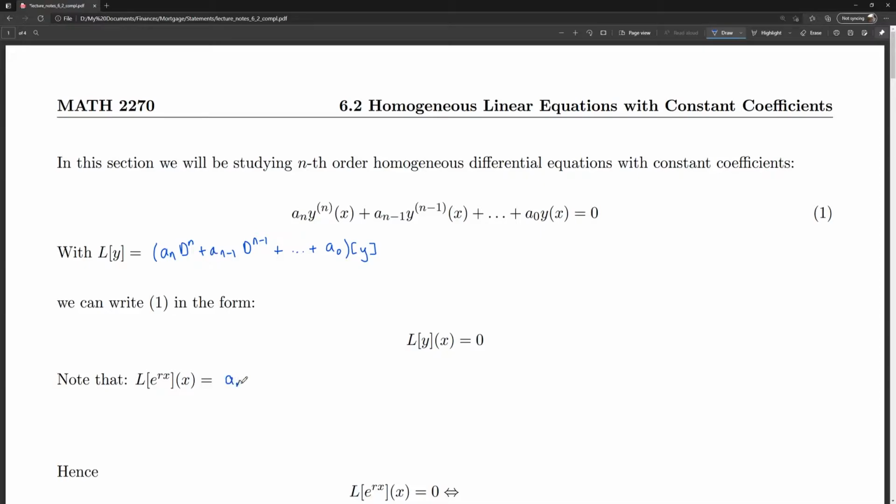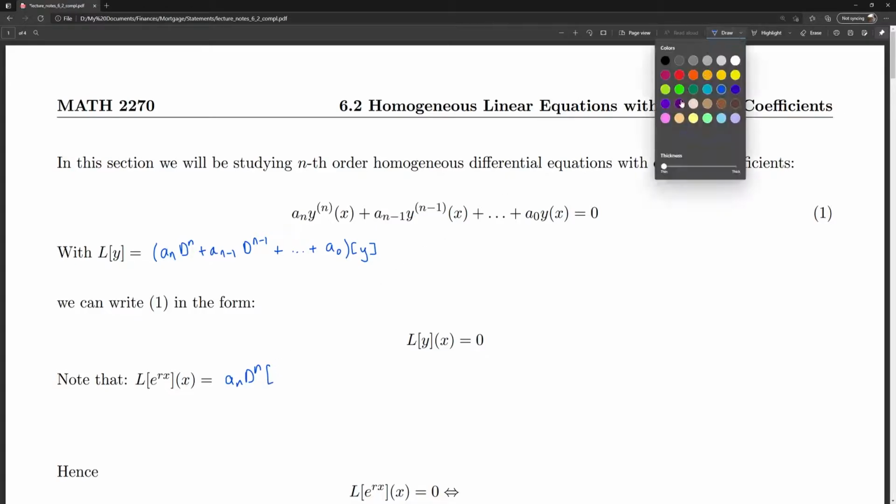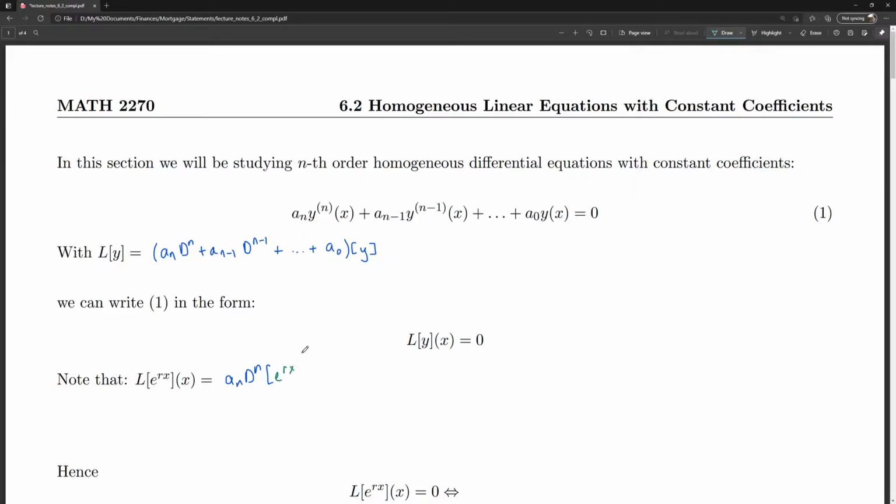We get a sub n D to the power n acting on e to the power rx, plus a sub n minus 1 D to the power n minus 1 acting on e to the power rx, plus dot dot dot plus a1 D e to the power rx plus a naught times e to the power rx.